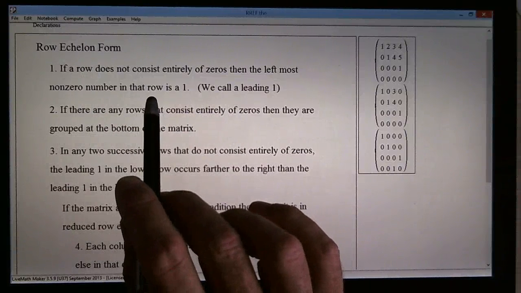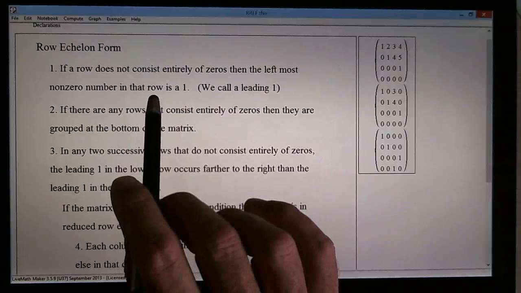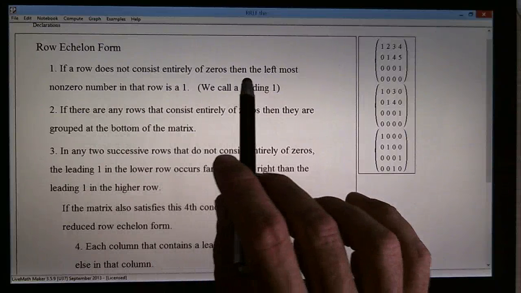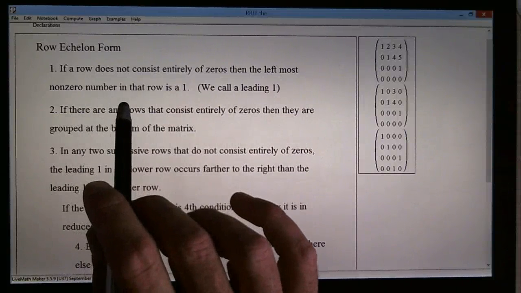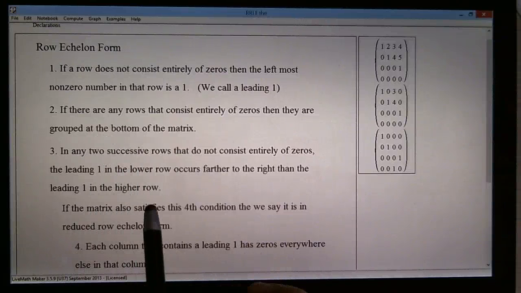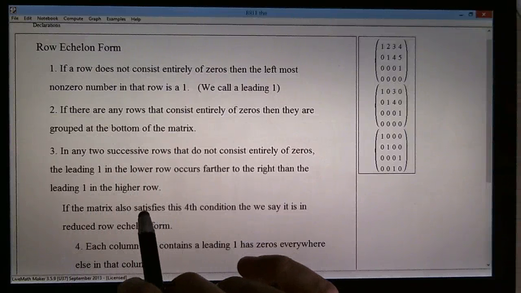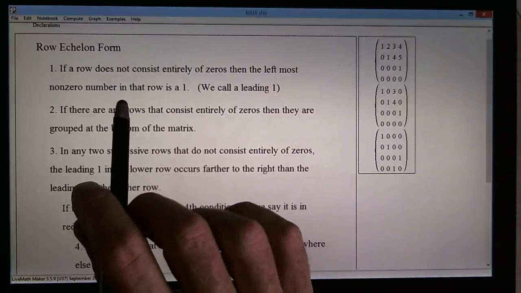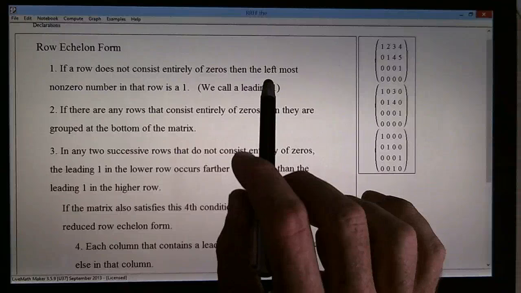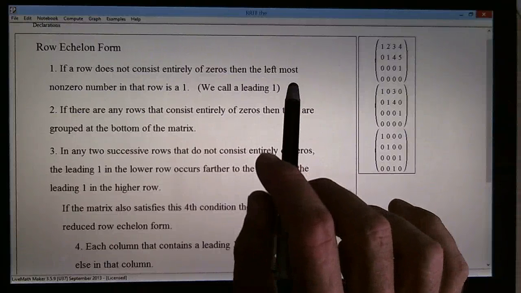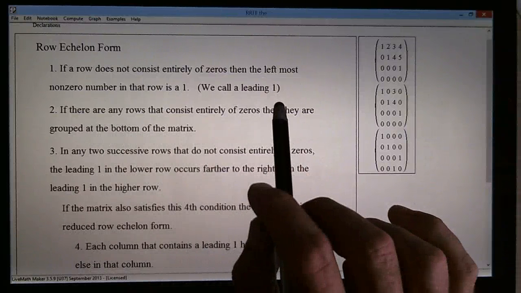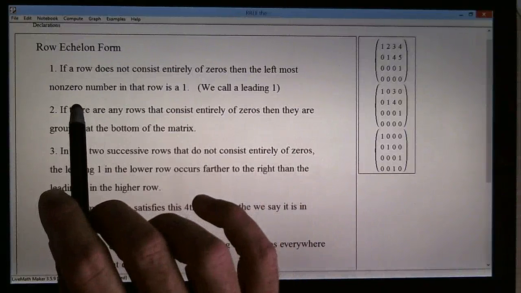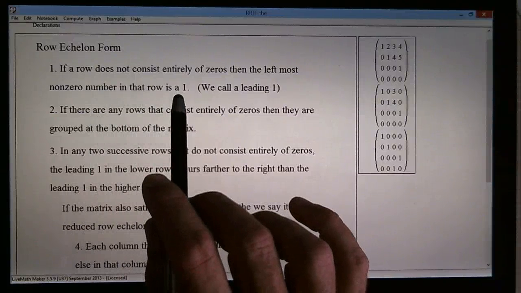This first condition, I might point out that the book words a little bit differently. Where I say the leftmost non-zero number, they say the first non-zero number. But the use of the word first means that you're looking at things from left to right. I don't know that everyone does that, so I think it's a little more precise to say leftmost. So it's not that the leftmost number in the row is a 1, but the leftmost non-zero number is a 1, right?